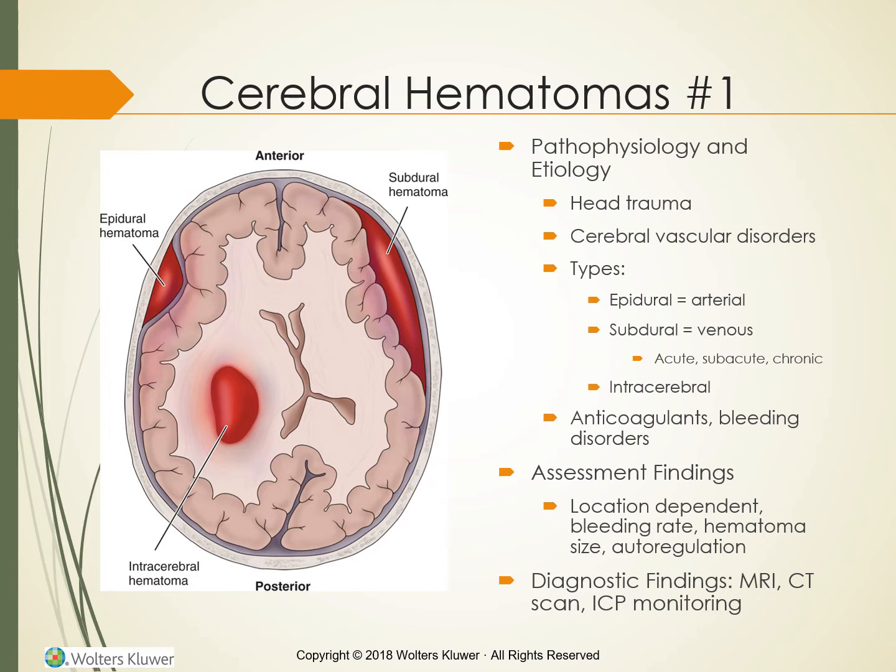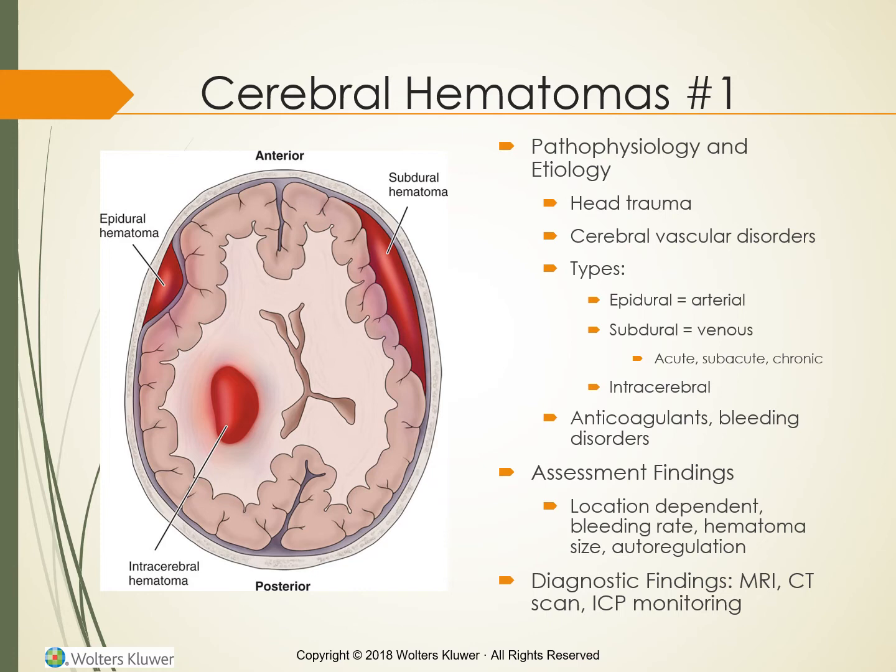So when we are assessing cerebral hematomas, it depends on how rapid and severe the neurologic changes have been, depending on the location, the rate of bleeding, the size of the hematoma, and the effectiveness of autoregulation, which is the brain's ability to provide sufficient arterial blood flow despite rising intracranial pressure.